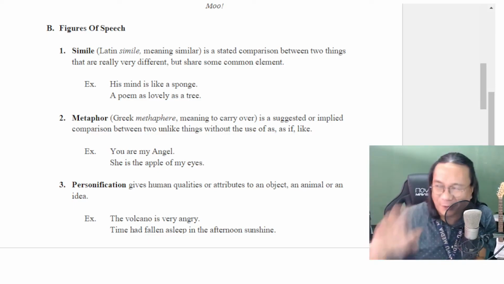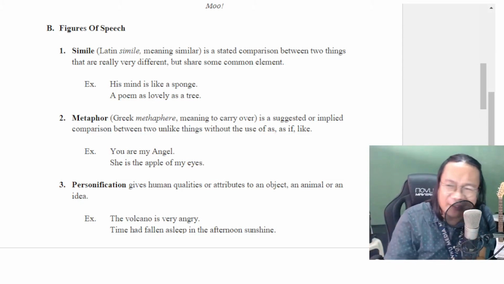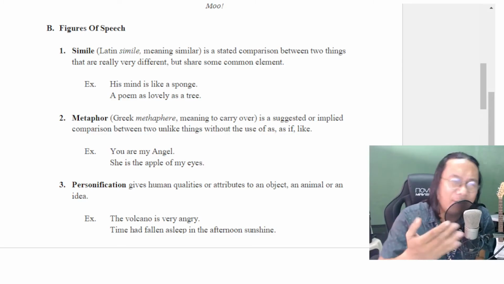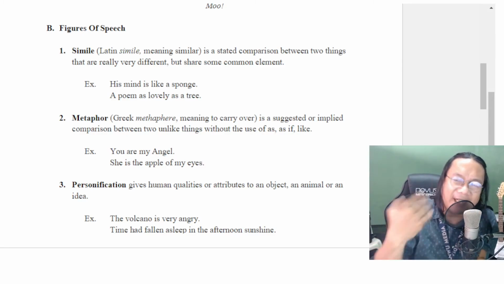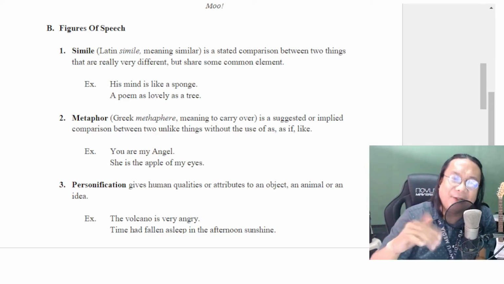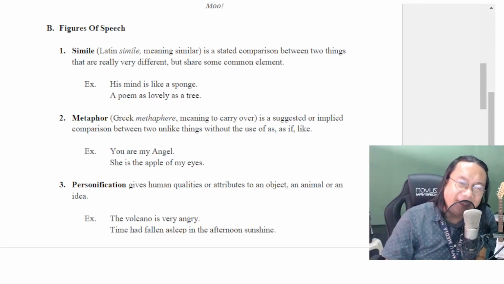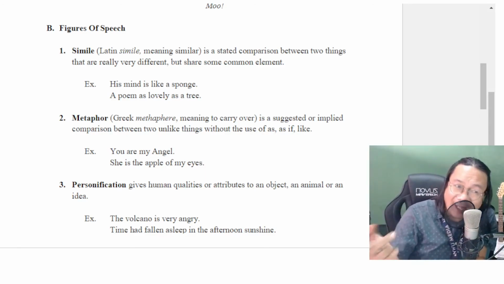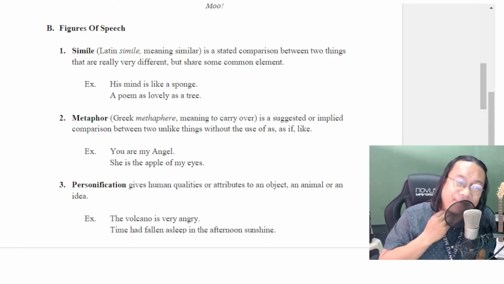Or for example, you know my friend, you are our Cupid. Ikaw ang Cupido dahil ikaw ang nagpakilala sa akin sa kanya. So that is metaphor, you know. Again, it's without the use of as and as if, but using is. For example, she's the apple of my eyes. That is using metaphor as well.